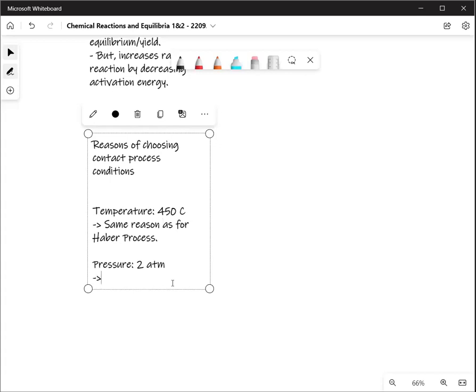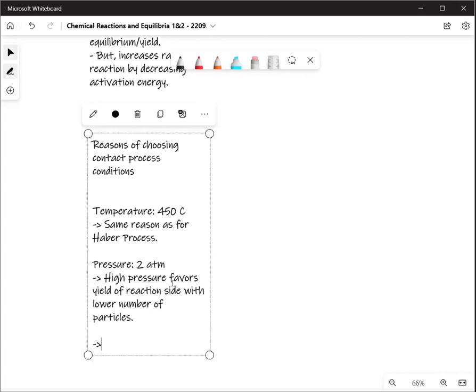Now for pressure, the last thing is that high pressure favors yield, but yield is already very good, very high.